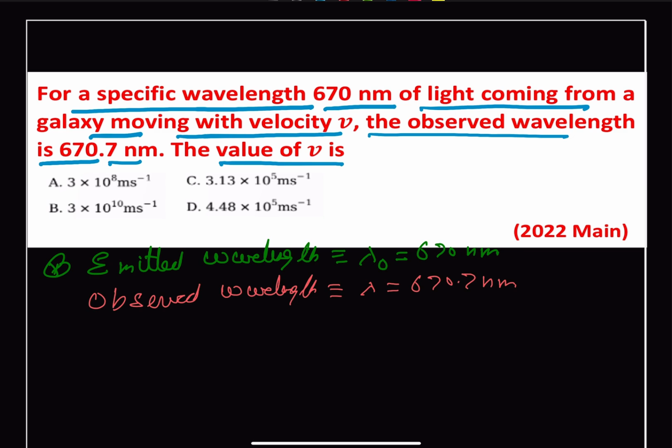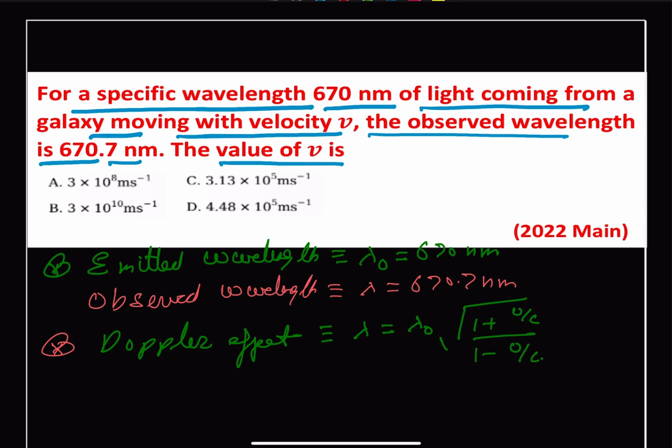And we can use the Doppler effect, and that Doppler effect states that the observed lambda is equal to our lambda naught times square root of 1 plus V upon C divided by 1 minus V upon C. Okay.